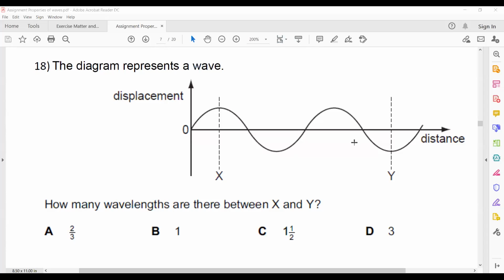Look, how to count the number of wavelengths. You measure the distance from crest to crest. This is one wavelength.